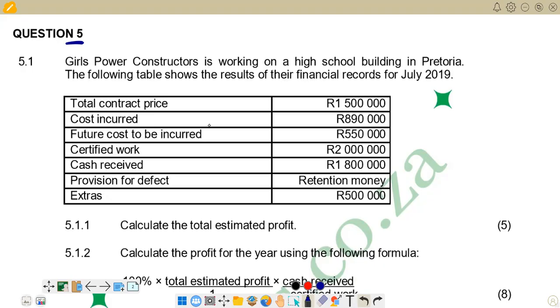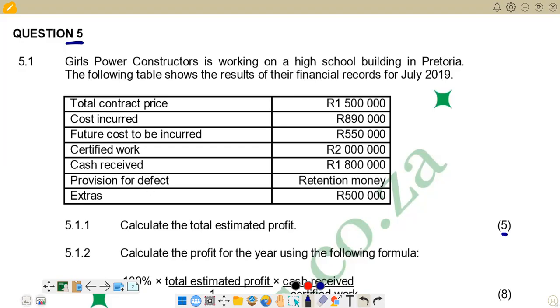We are given a table with information on contract price, cost incurred, future cost to be incurred, certified work, cash received, provision for defects, which is retention money, and extras. The first part of the question requires us to calculate the total estimated profit. We have 5 marks on that first part.